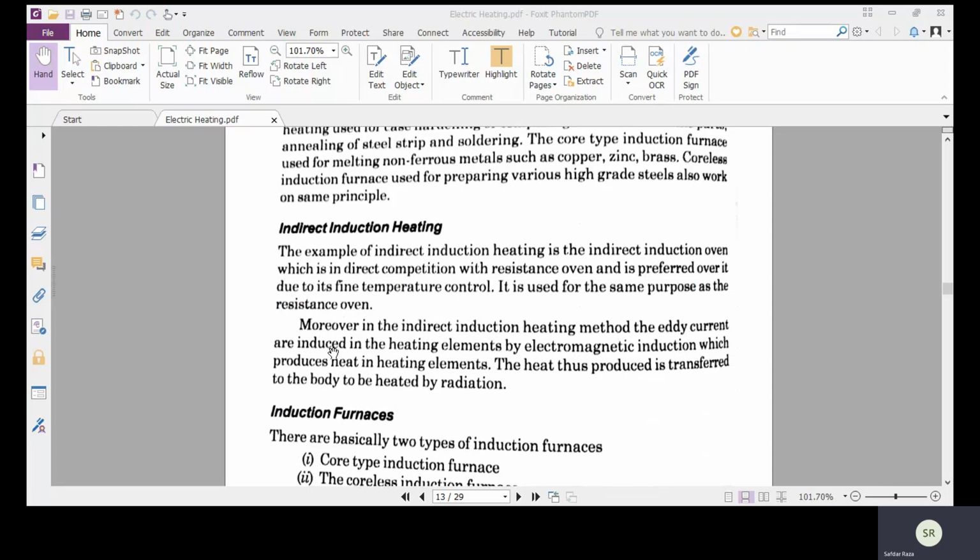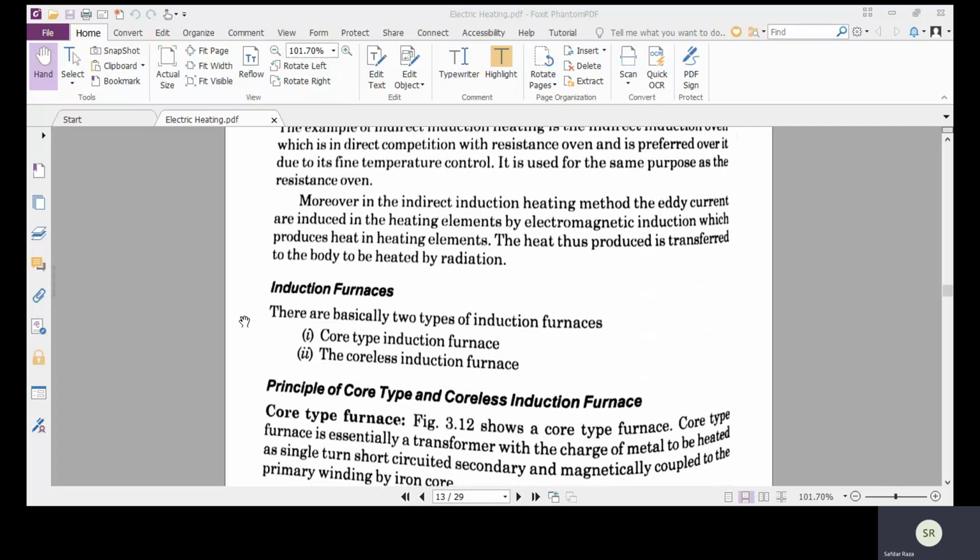The heat thus produced is transferred to the body to be heated by radiation. In direct induction heating, the eddy currents circulate within the material. However, in indirect induction heating, the eddy currents are induced in the heating element by electromagnetic induction.